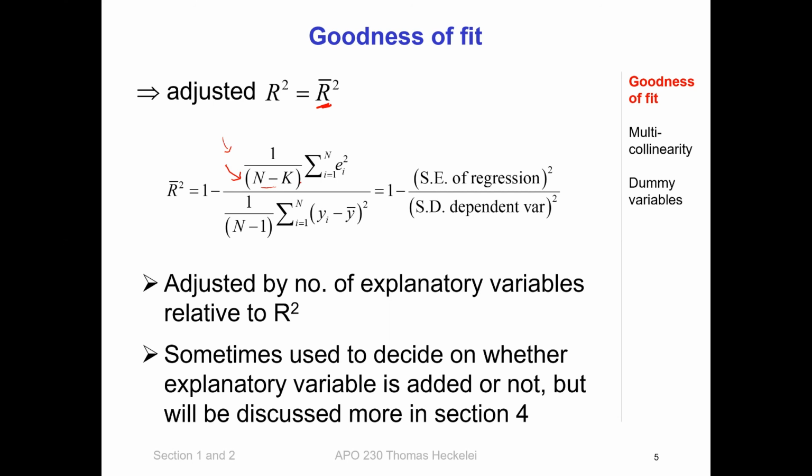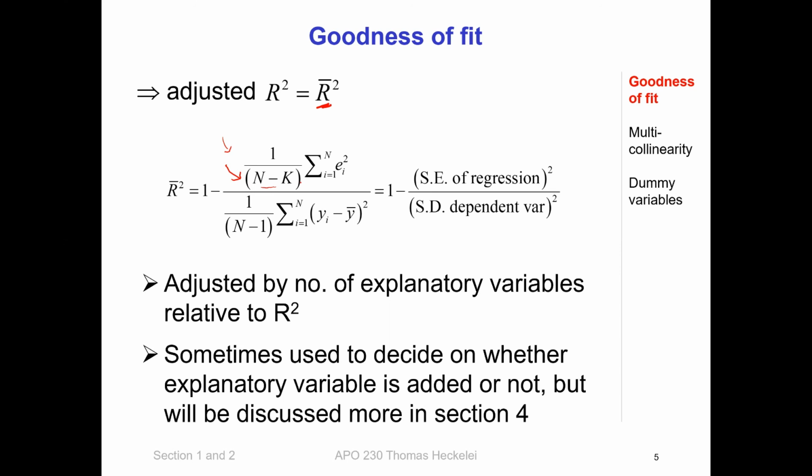Because of this nice property, sometimes it's also used to decide whether it makes sense to add one certain explanatory variable in the model or not. So if, when you add variables, your adjusted R-square increases, meaning the value it brings is higher than the cost it takes you.